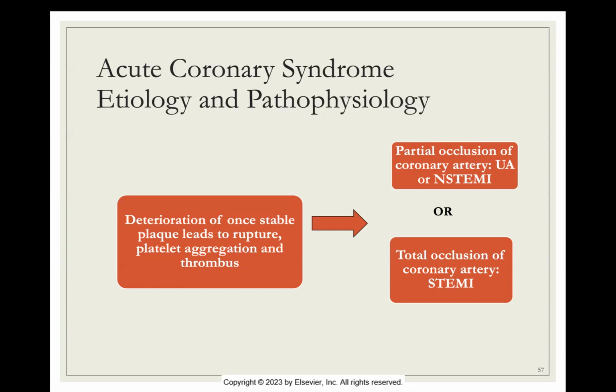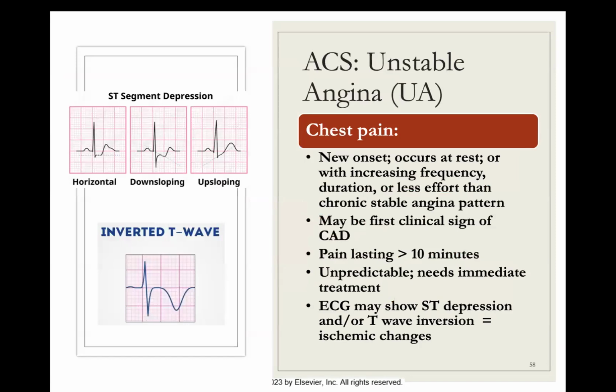It's now forming a big clot. That clot gets pushed in the circulation and will get lodged inside one of the coronary arteries and obstruct it. If some blood flow can still get around the occlusion, then it's going to show up as unstable angina or an NSTEMI on the EKG. If it's a total occlusion of the artery, then it will show up as a STEMI on the EKG.